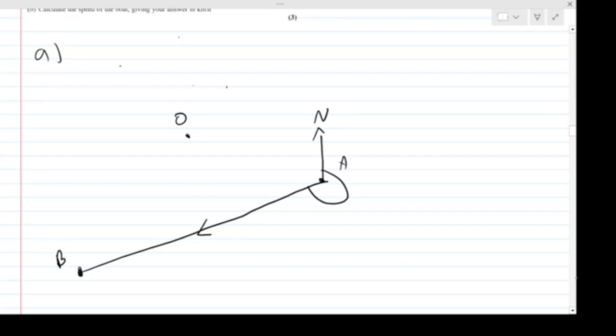Well, what we can do is split this line in terms of X and Y, the horizontal and vertical.